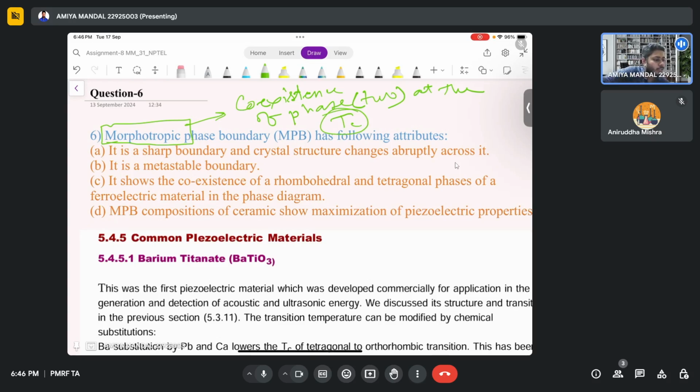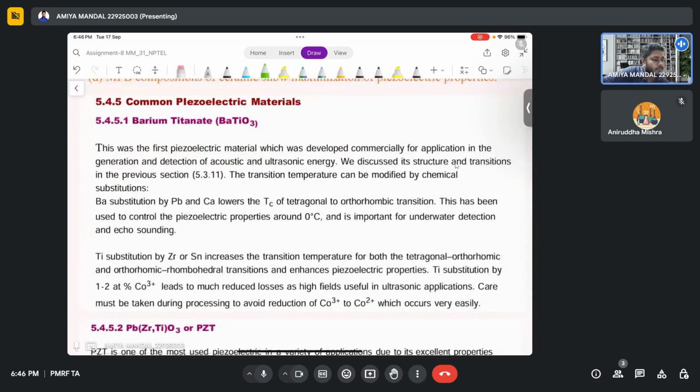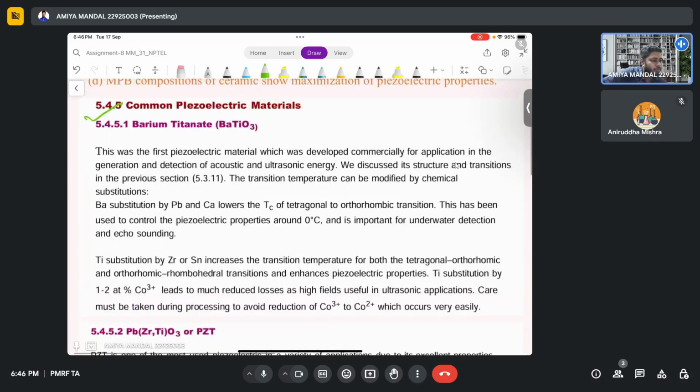Now let's clear our concept about some piezoelectric materials like barium titanate. We already know that barium titanate is a piezoelectric developed commercially for the generation and detection of acoustic and ultrasonic energy.